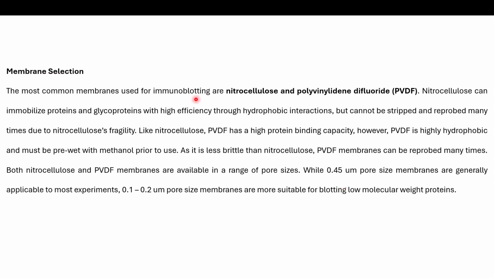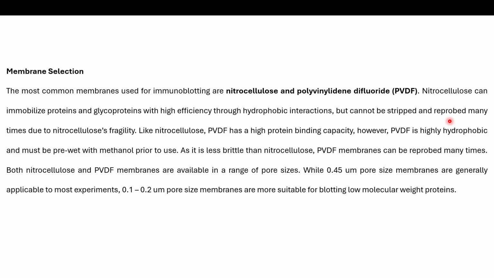Now, membrane selection. Usually two types of membranes are used: nitrocellulose and PVDF, or polyvinylidene difluoride. Nitrocellulose can immobilize proteins and glycoproteins with high efficiency via hydrophobic interactions, but it cannot be stripped and reprobed many times. Reprobing refers to antibody binding, where we incubate the membrane with a solution of antibodies.